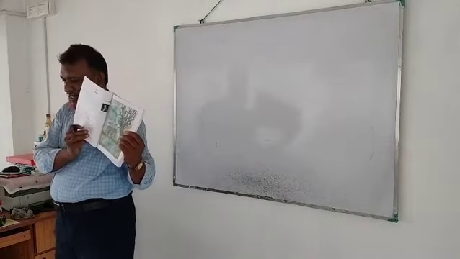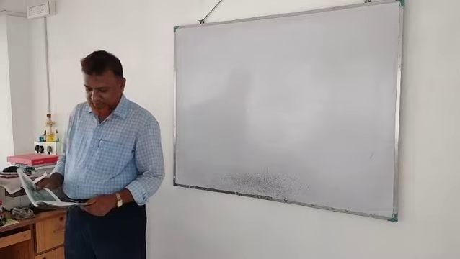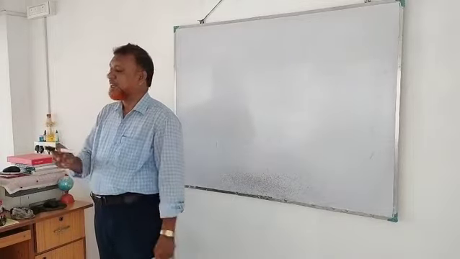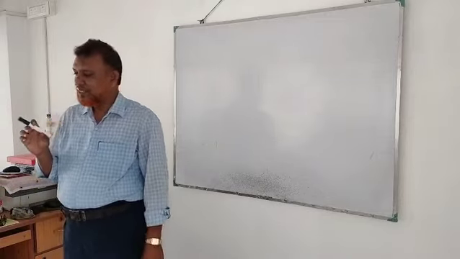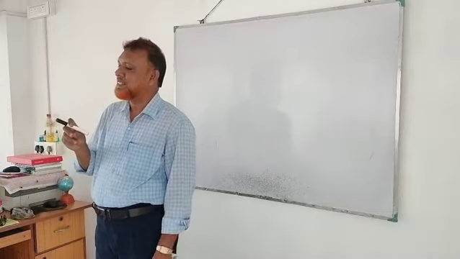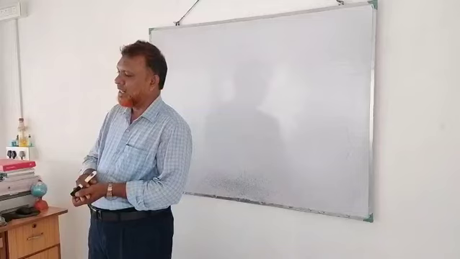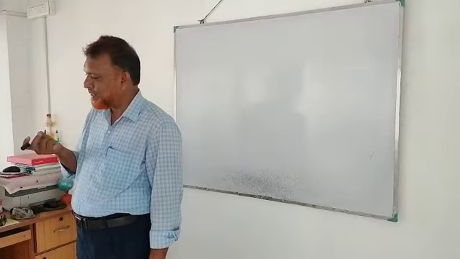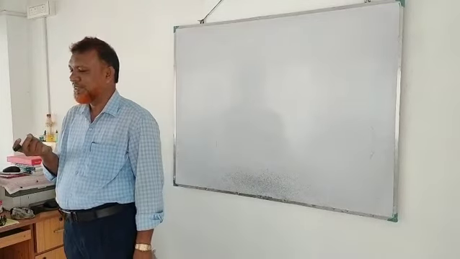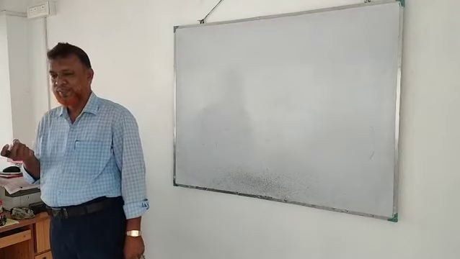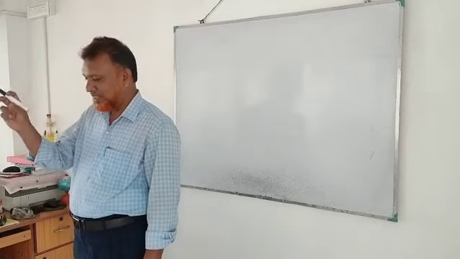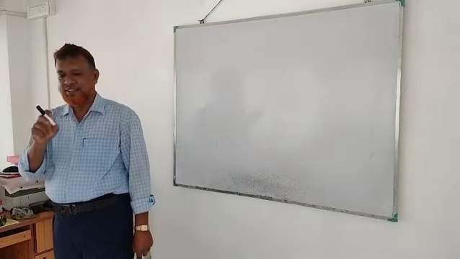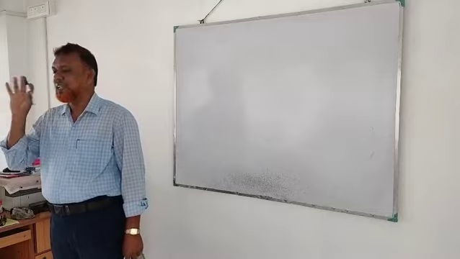Today's lesson is autumn. Autumn is a season. What are the 6 seasons? We have already familiarized. Summer seasons, rainy seasons, autumn, late autumn, winter and spring seasons. These total 6 seasons make a year. Okay?